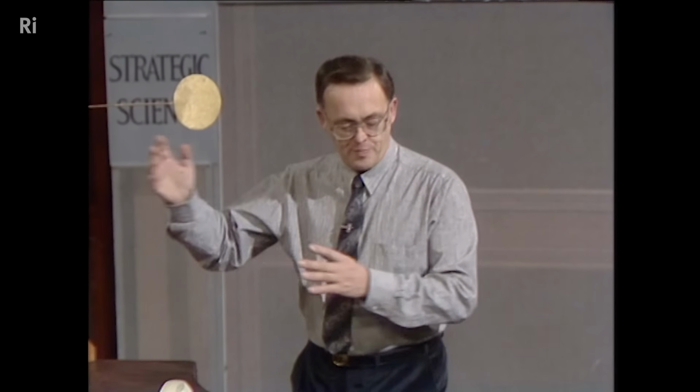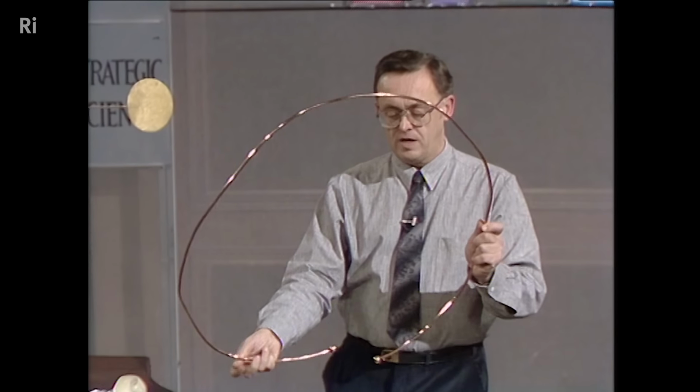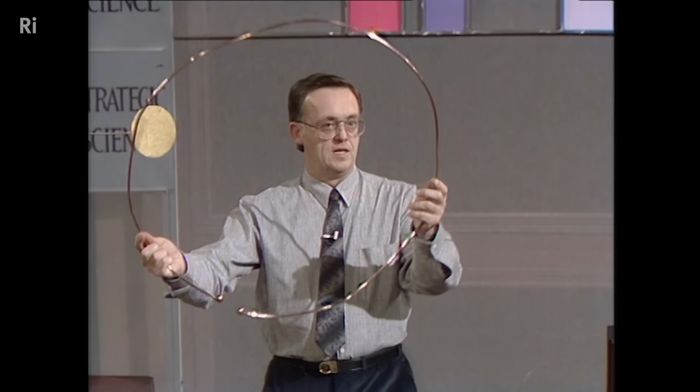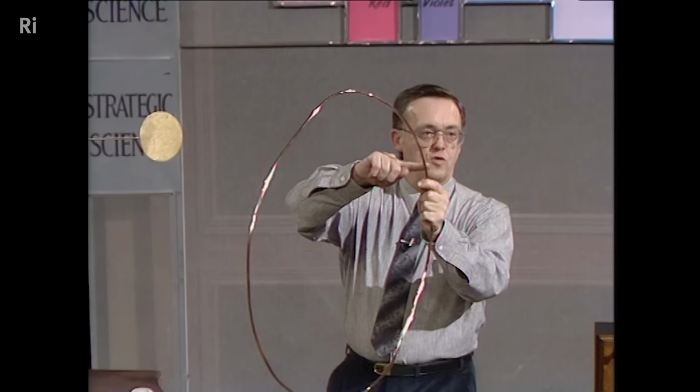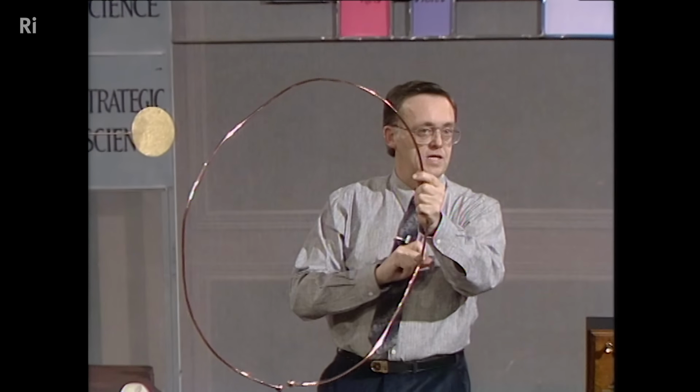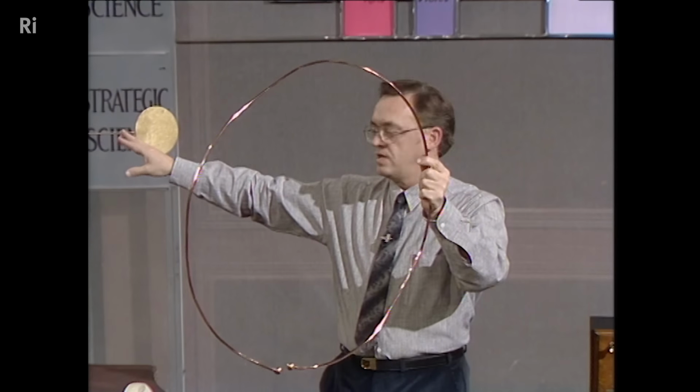In order to pick up the signal, Hertz required an aerial, a bit like this. So that if you have an aerial of the right dimensions, you could cause oscillations by the free electrons in here corresponding to the frequency of the transmitter.